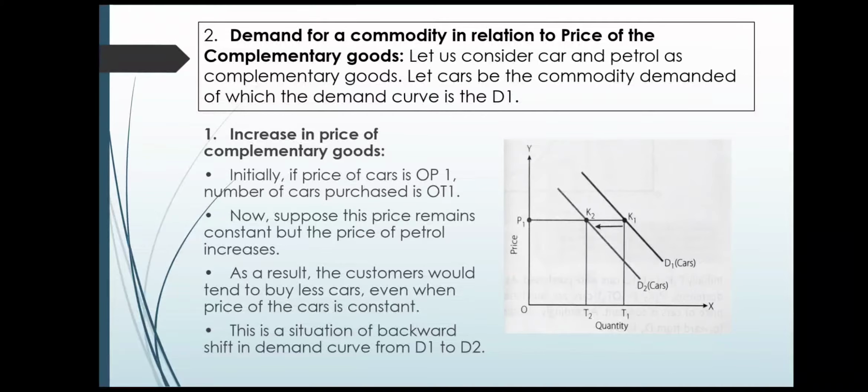So whenever the price of petrol rises, even if the price of car is the same, people would try to avoid their purchase of car for some time, and they would not demand more cars, and as a result the demand for car will fall from D1 to D2.